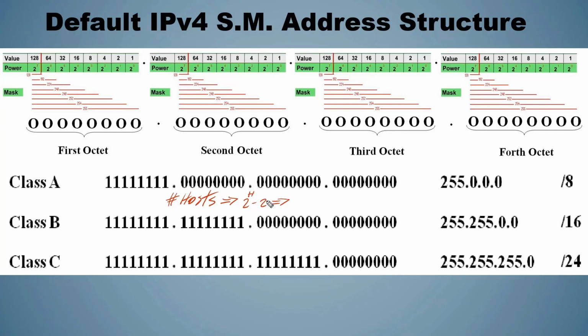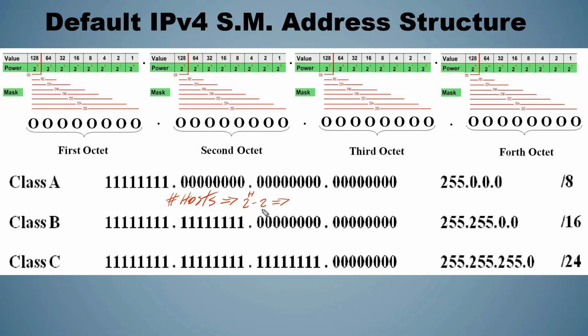Because 2 IP addresses we cannot assign to computers. One is known as the network address and the other is known as the broadcast address. These 2 addresses are reserved and we cannot assign them to computers on the network. That's why we take out 2 addresses to get the total available IP addresses.